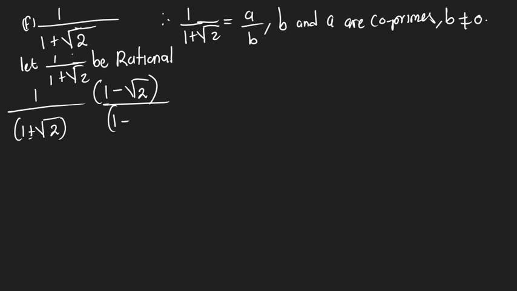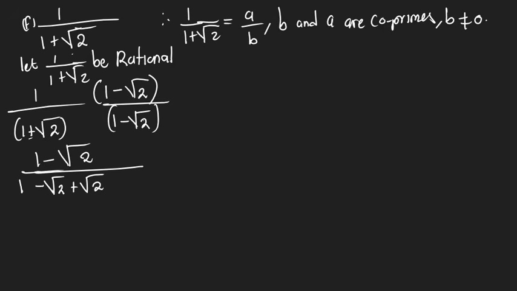You multiply everywhere by that. 1 multiplied by that, you're going to get 1 minus root of 2 over 1 multiplied by 1, it is 1. 1 multiplied by negative root 2, it will be negative root 2. Positive root 2 multiplied by 1, it will be positive root 2. Positive root 2 multiplied by negative root 2, it will be negative 2. So we're going to get 1 minus root of 2 over 1 minus 2.